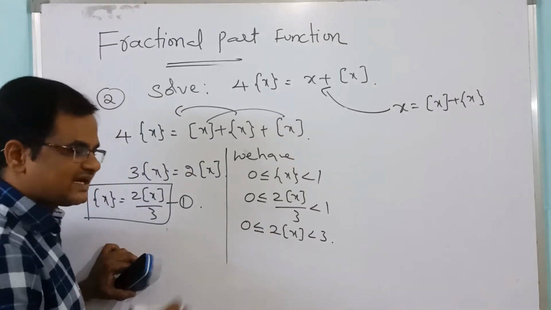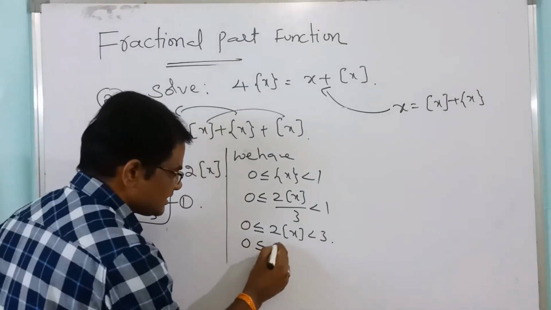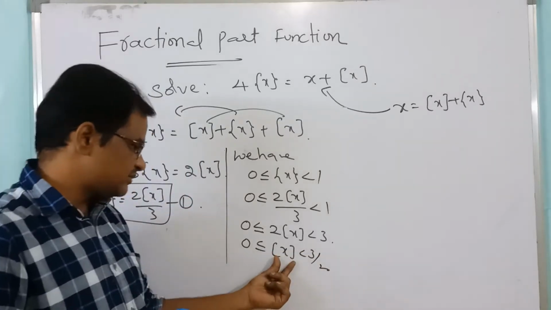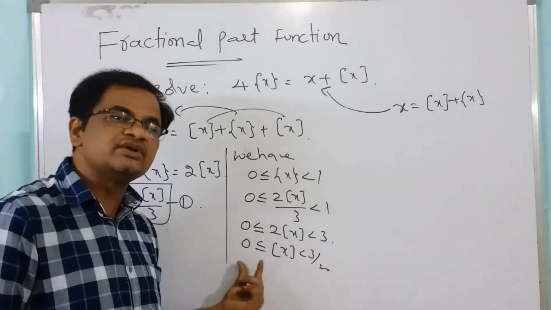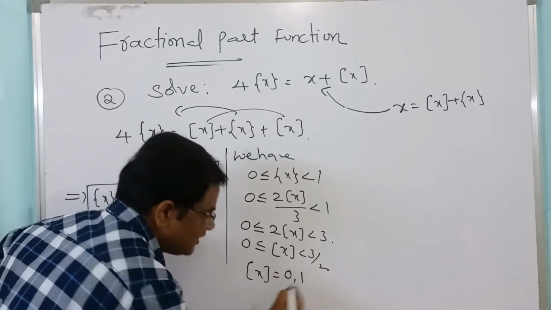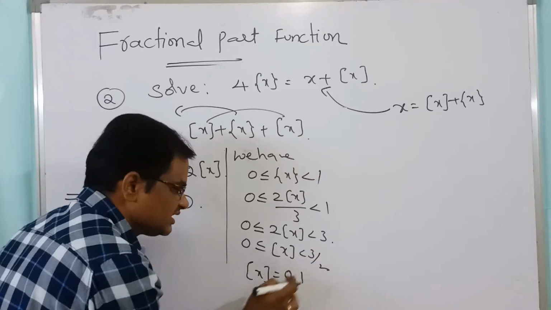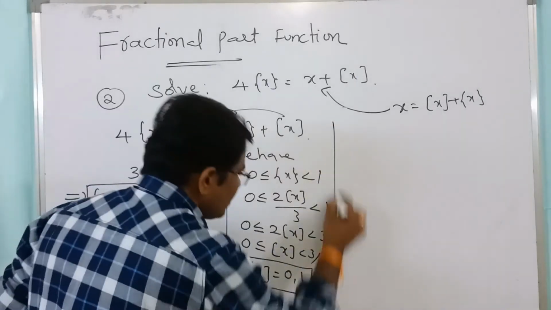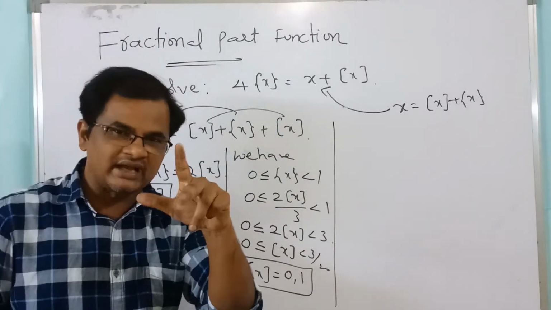Divide by 2, so 0 is less than or equal to [x], less than 3 by 2. So [x] is between 0 and 3 by 2, including 0. What are the [x] values? 0 and 1 only, because between these two the integers are 0 and 1 only. This is also an important condition. So for [x] there are two values.